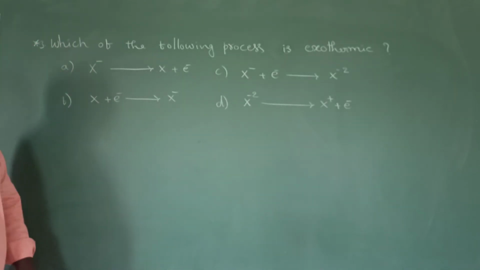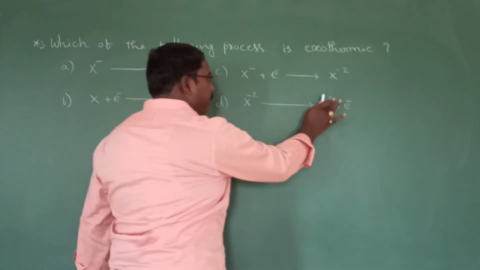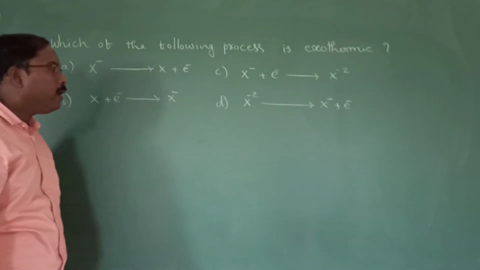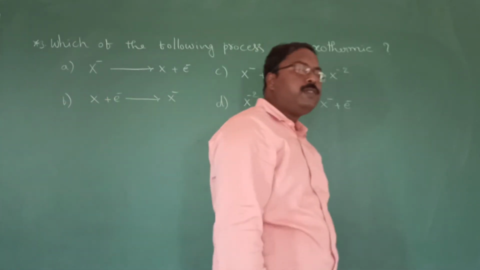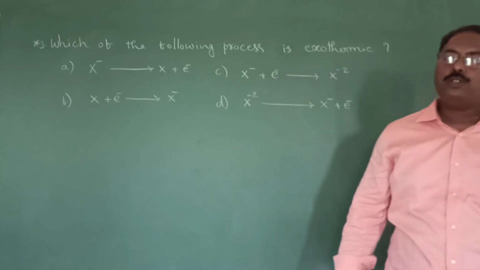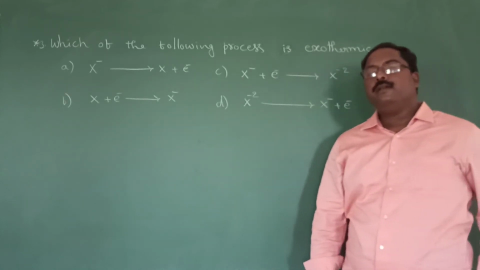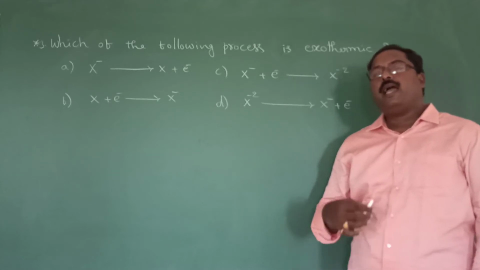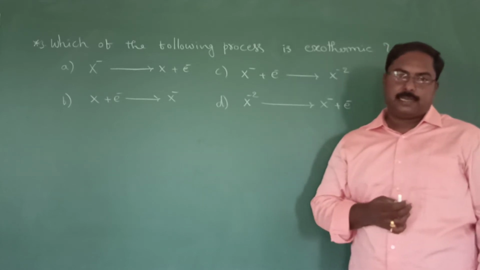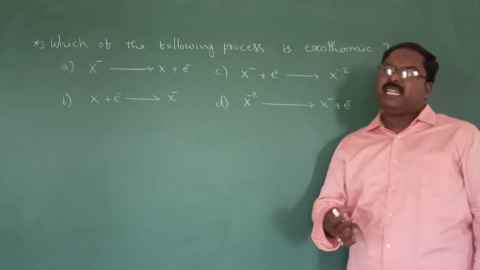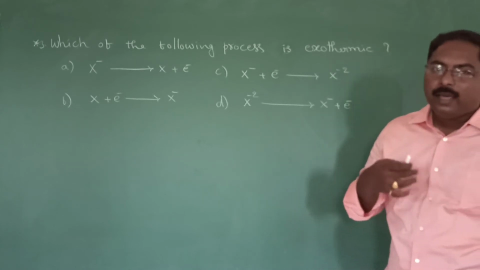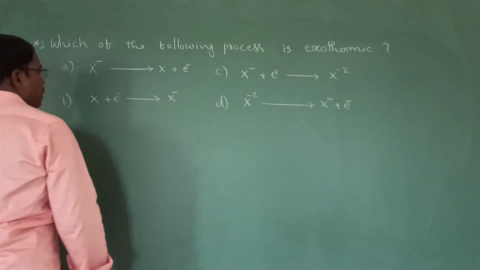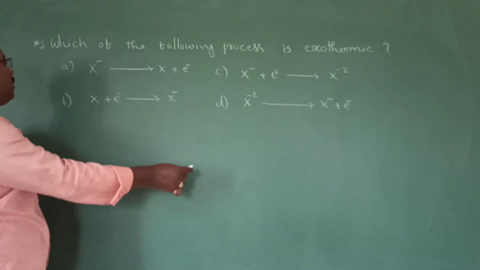So these are the four options that are given. Now the question is, out of the four options, which is the exothermic process? In the last class we discussed that exothermic means energy is released, and endothermic means energy is gained. Now let us take the first option.